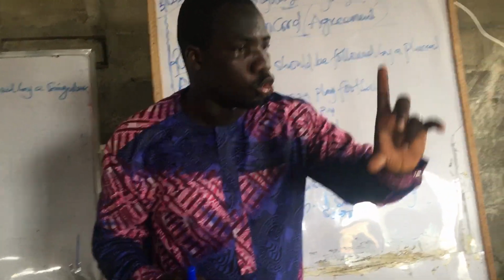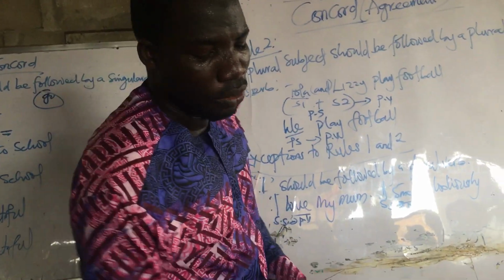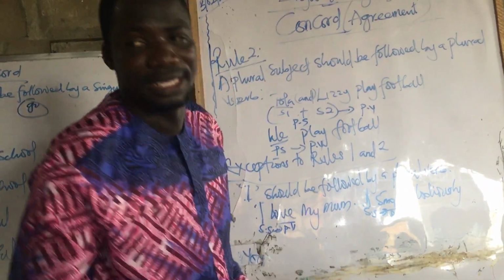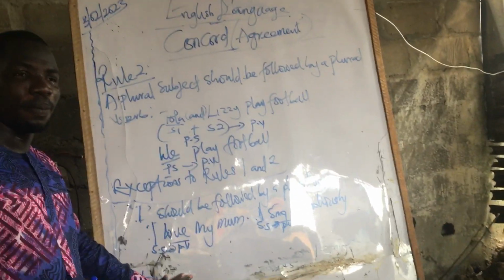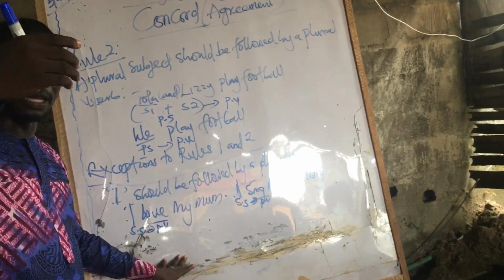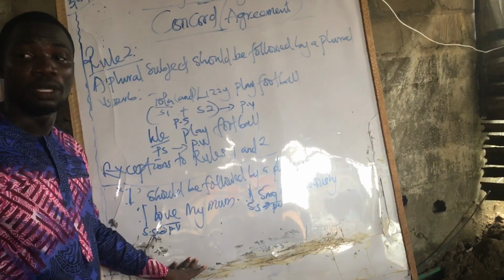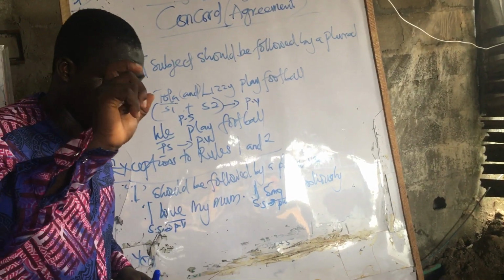The word you. So in this case now, one of the exceptions to the general principle of Concord is that you in the singular form, the second person personal pronoun, the singular one, right?